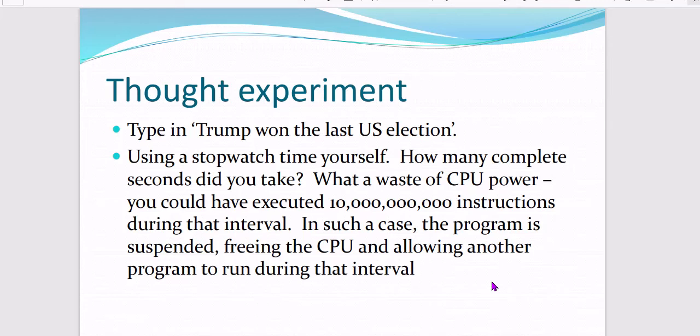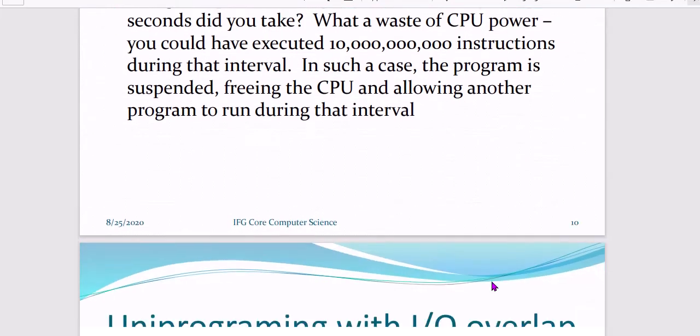Well, I think it's going to take at least a few seconds. I mean, if you're a practiced typist, it might take a lot less time. But I'm inclined to say, well, what a waste of CPU power, because you could have executed 10,000 million instructions, for the sake of argument, during that interval. And in such a case, the program is suspended, freeing the CPU and allowing another program to run on the CPU during that interval.